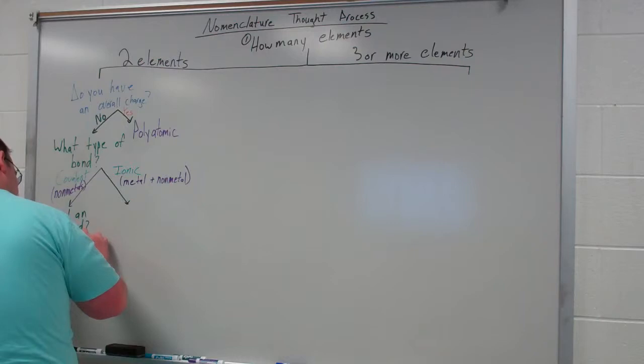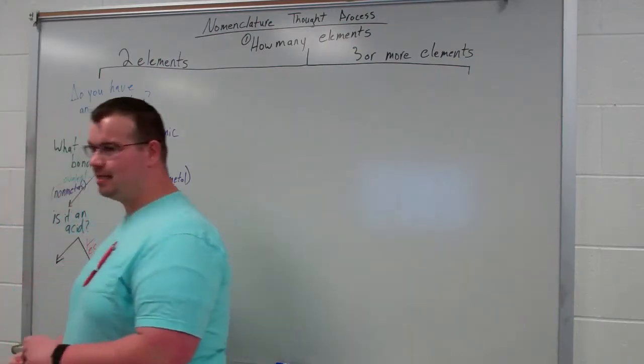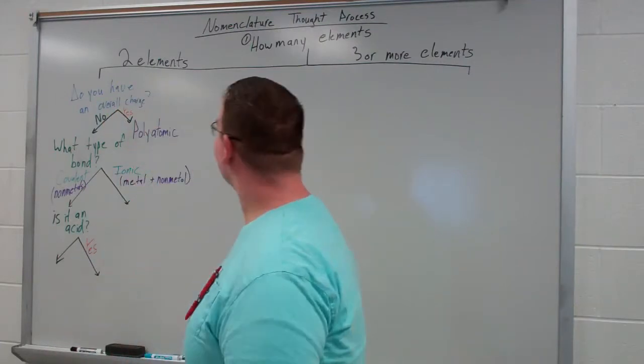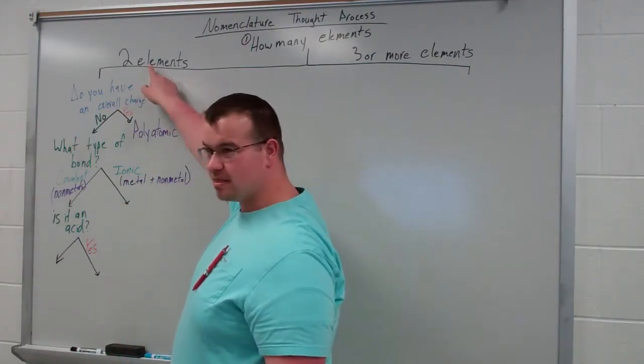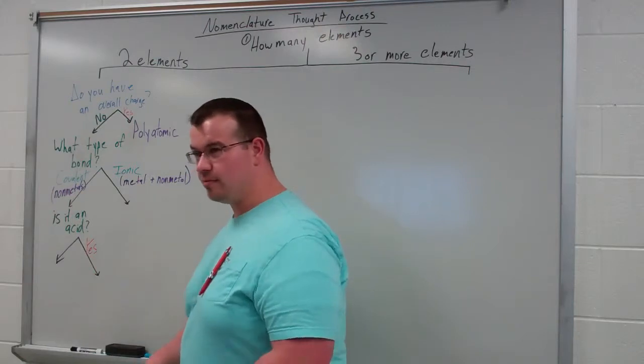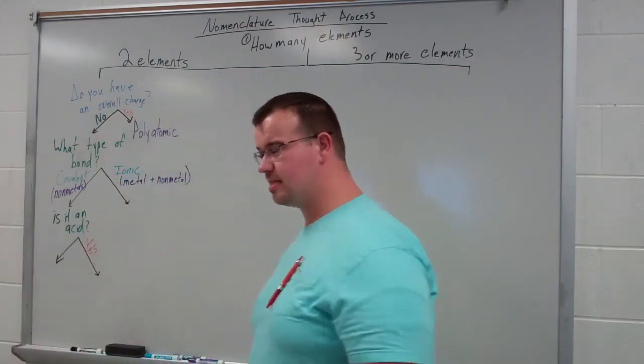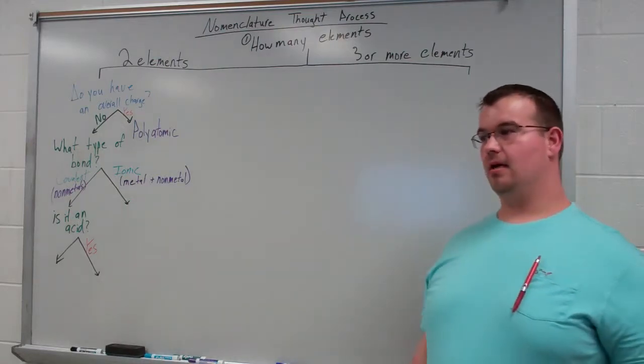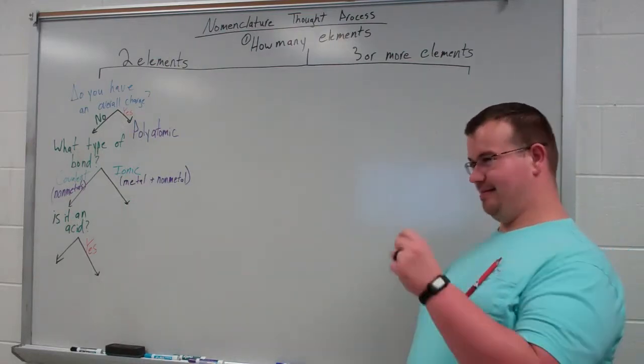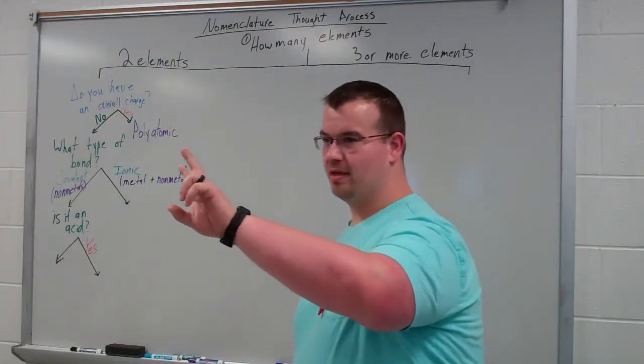If it's yes, here's the key. It's an acid. But go back to the very beginning. We have two elements. It's an acid with two elements, which means which type of acid is it? Binary acid or an oxyacid? Binary acid, because it has two.